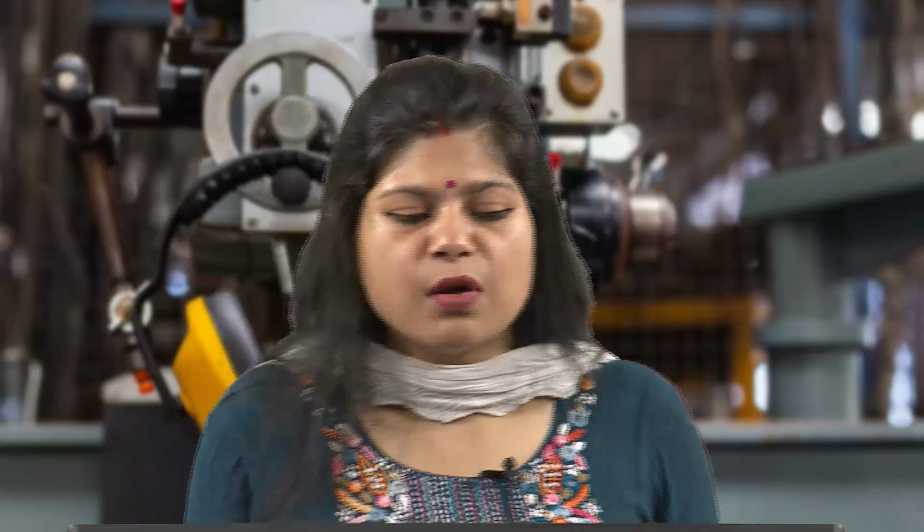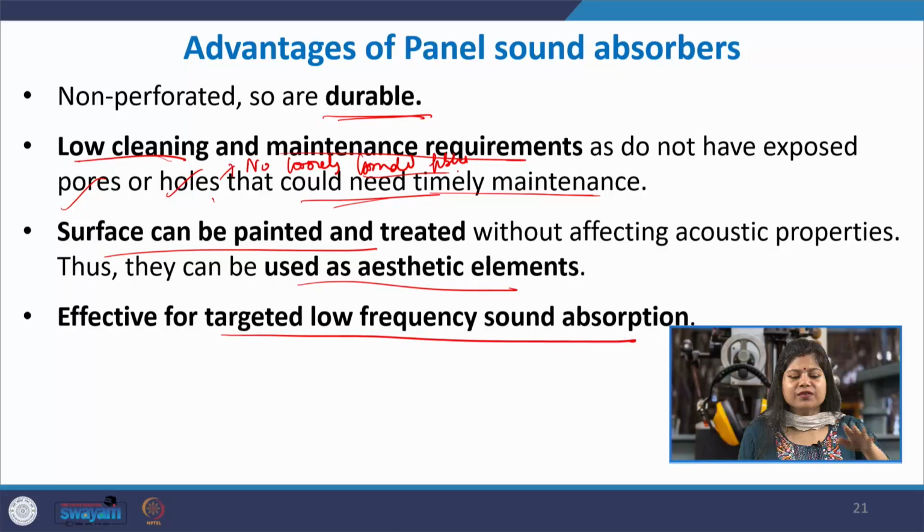With the continued usage, the air contaminants and the dust particles in the air can again block up the pores and the fibers, and they can still make the absorption go down. So, they were not durable also, and a lot of cleaning and maintenance was required. So, all of these limitations are now avoided by using a panel sound absorber.